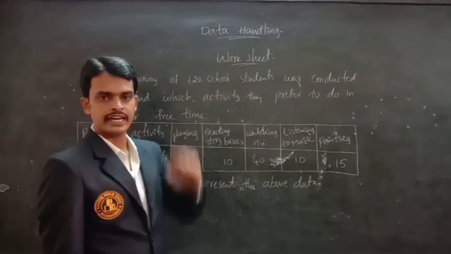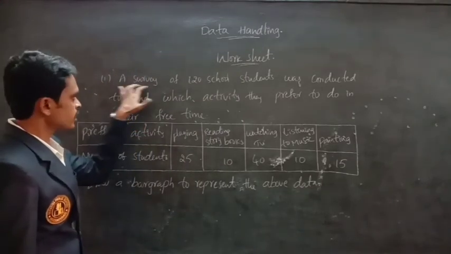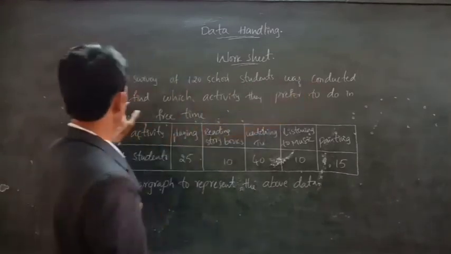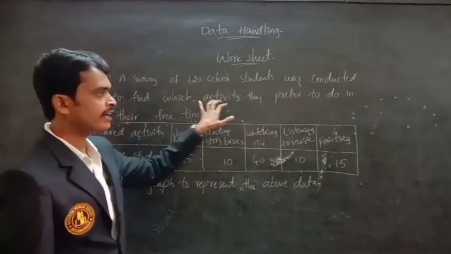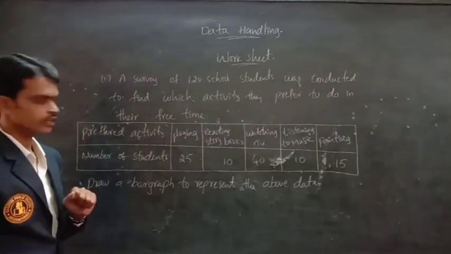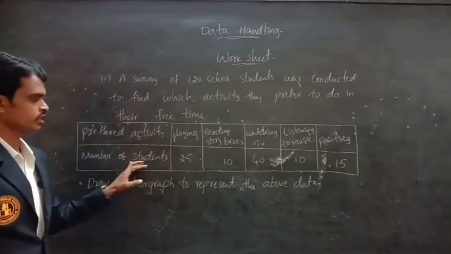Worksheet on data handling. A survey of 120 school students was conducted to find which activity they prefer to do in their free time. So here are the preferred activity and number of students.